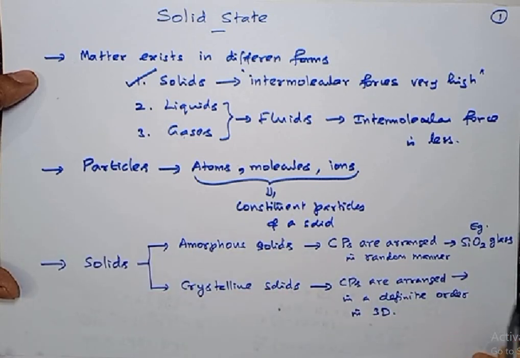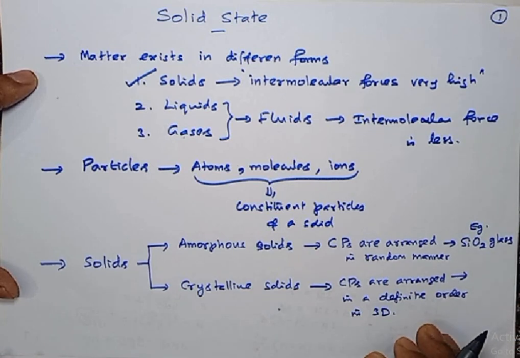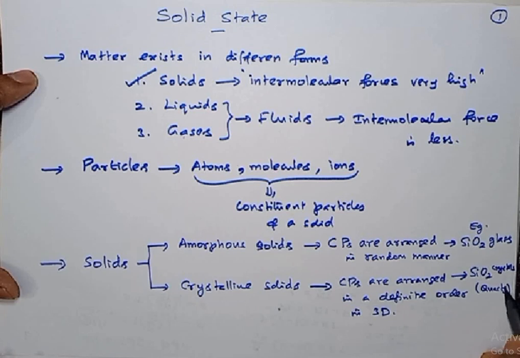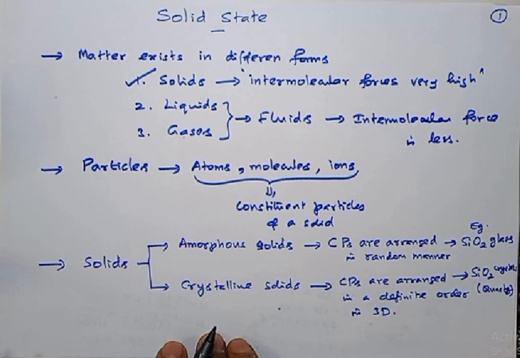Plenty of examples are there, but I'll give one example here. SiO2 crystal, we can say quartz crystals. Quartz crystals are actually silicon dioxide crystal, a solid containing crystal silicon dioxide, but it is arranged in a definite order.